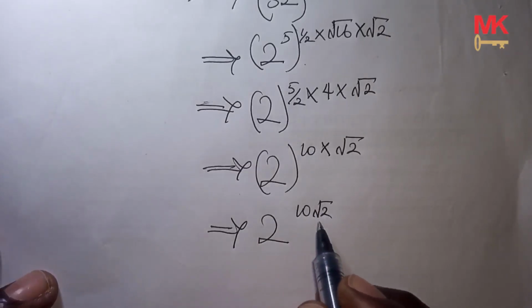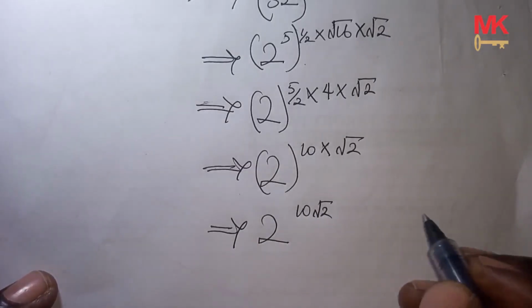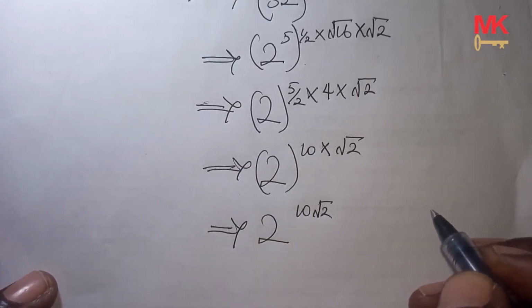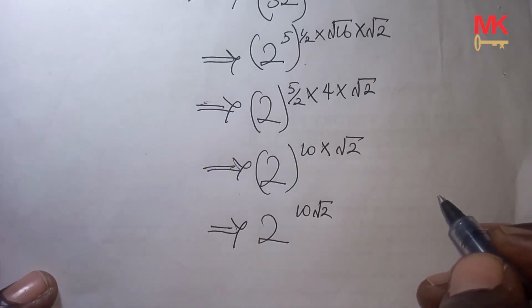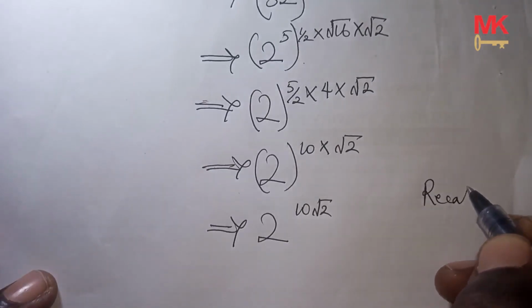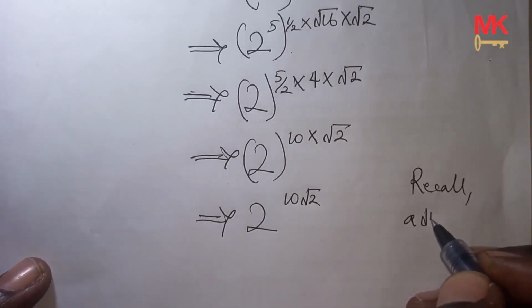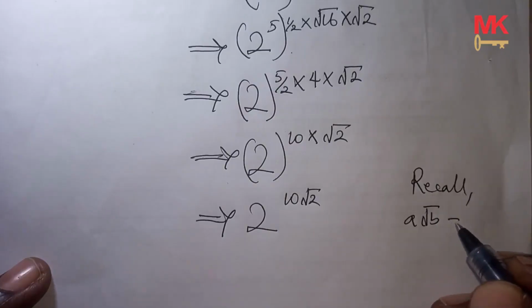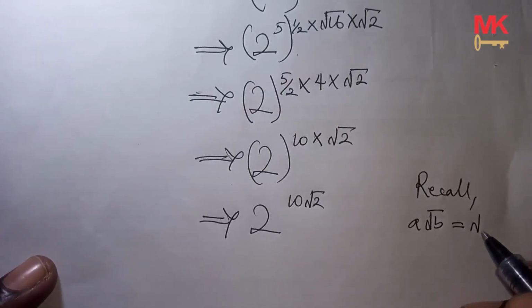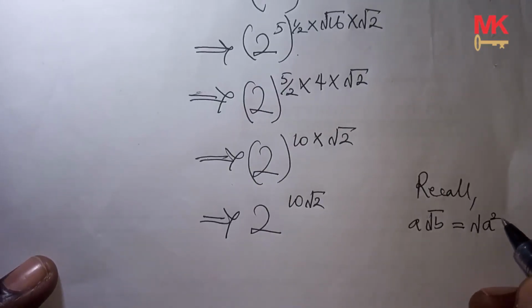Now again, we are going to apply the other law, recall that a root b is equal to the square root of a squared b.